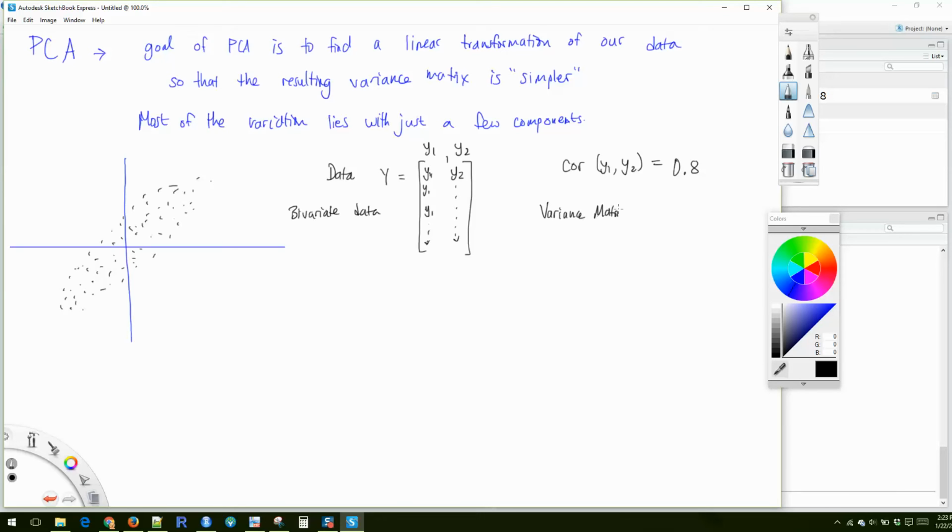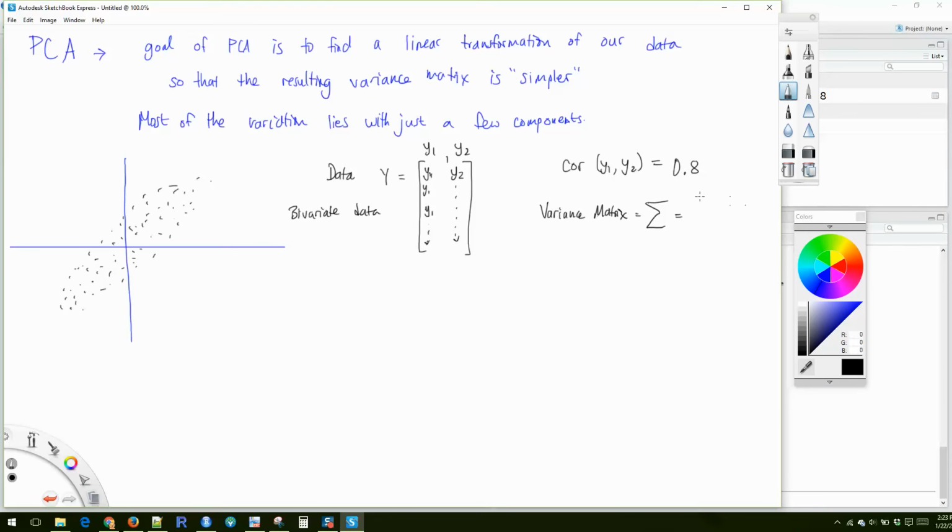And what will our variance matrix look like? This is the variance between y1, y2, and y1, y2, essentially. So you get ones on the diagonal, and what do you get over here? 0.8 and 0.8, right?